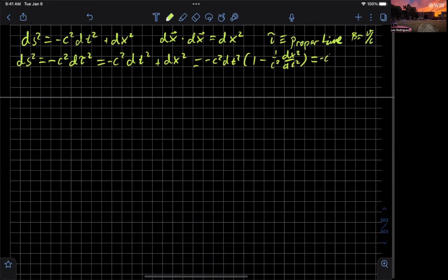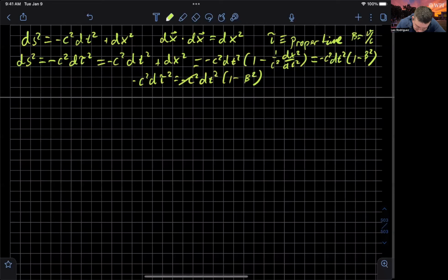So here I have minus c squared dt squared times 1 minus beta squared. Comparing this to what we have over here, we get our final relationship: minus c squared d tau squared equals minus c squared dt squared times 1 minus beta squared.